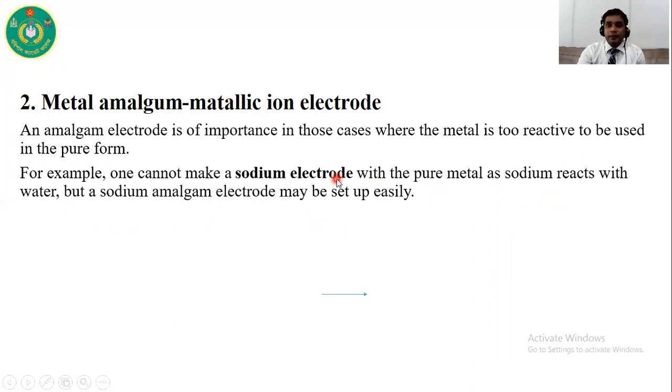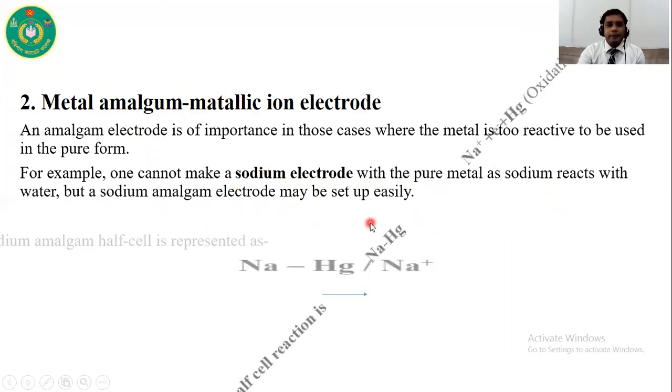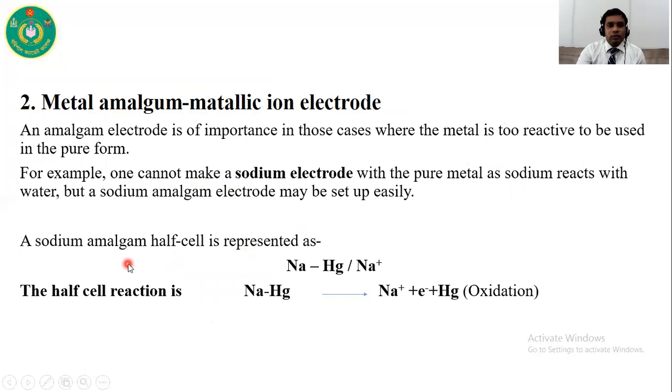So what do we get? We can form sodium amalgam. So a sodium amalgam electrode may be set up easily. Here you can see the representation of sodium amalgam. Sodium amalgam oblique sodium plus.